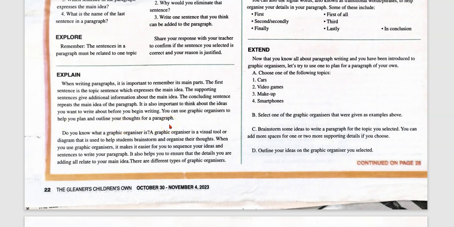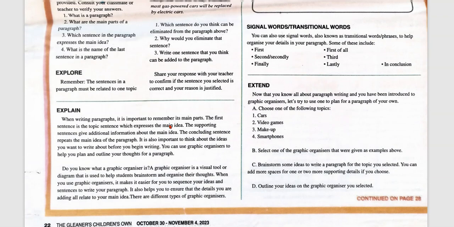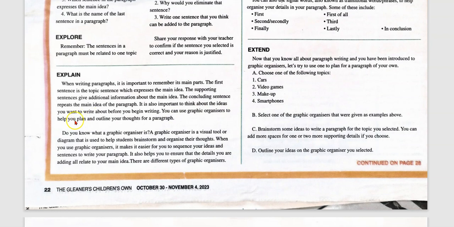So graphic organizers help to organize your thoughts. Don't just start writing out of your head. Get your graphic organizer together. Put your thoughts down because it can help you to see generally what your thinking is like and to arrange it in a meaningful way. Okay, so you can use graphic organizers to help you plan and outline your thoughts for a paragraph.